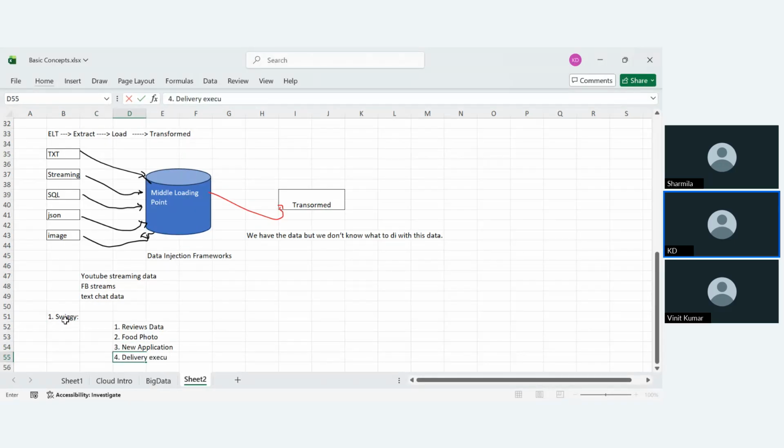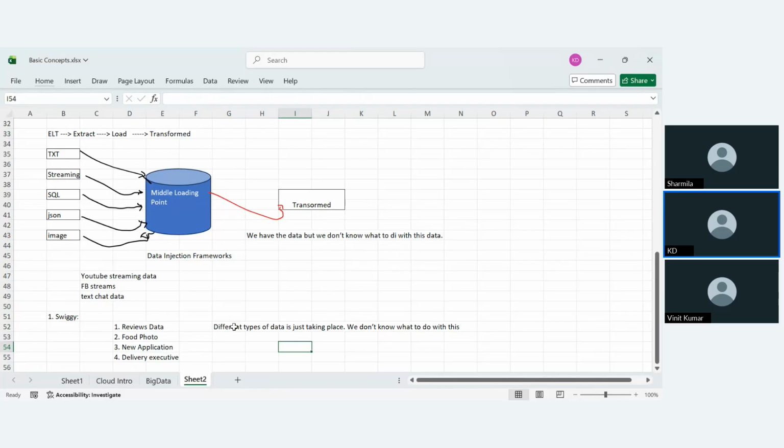What we mean is that different kinds of data are just lying there, and we don't know what to do with this.